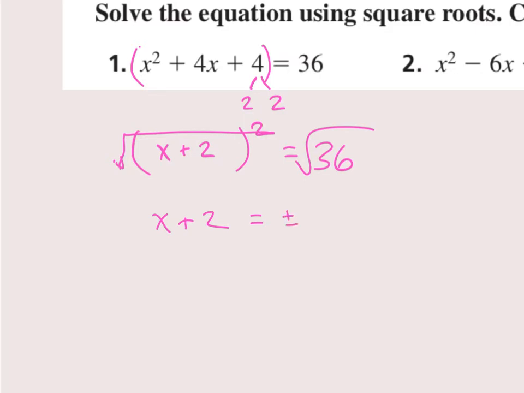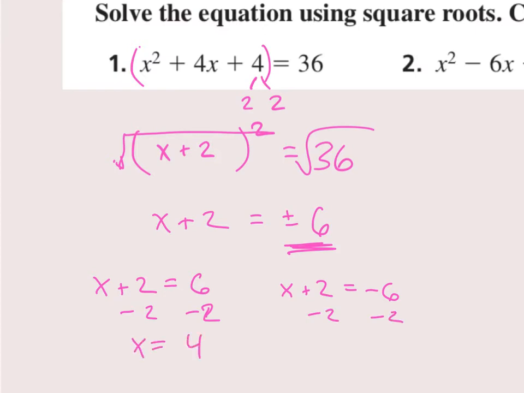Plus or minus 6. We have to make sure we include the plus or minus. So now we're going to split it up into two equations. We have x plus 2 is equal to positive 6, and x plus 2 is equal to negative 6. We just solve for x, so we subtract 2 on both sides. So you get x is equal to 4, and x is equal to negative 8.